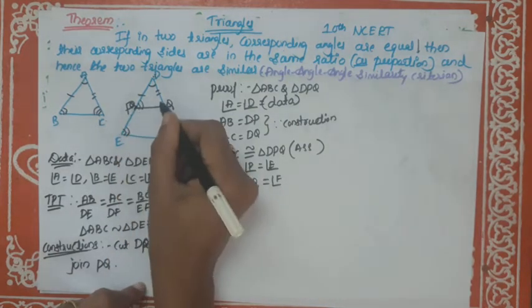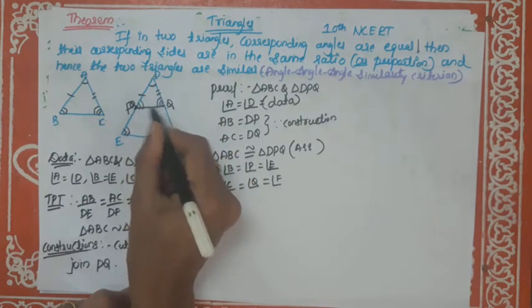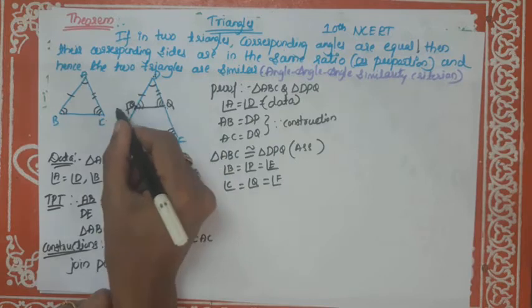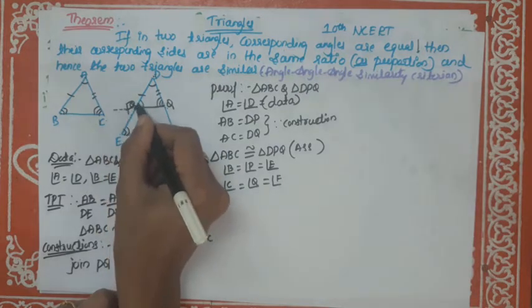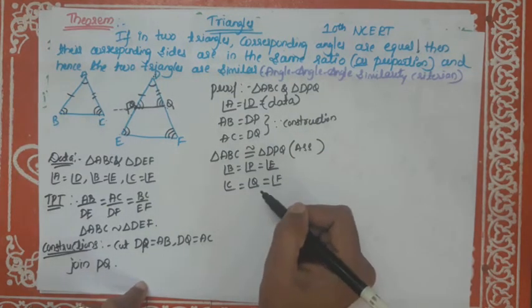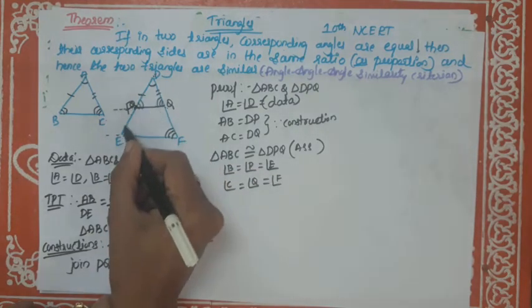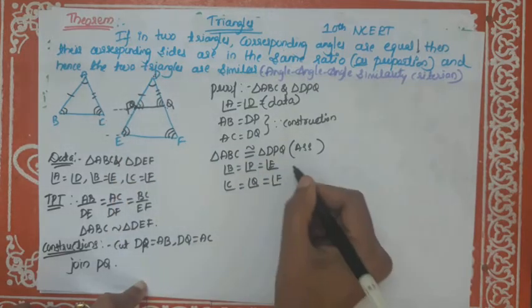These two are equal and these two are equal, so these are corresponding angles. If you draw a line here, you see that the corresponding angles are equal.